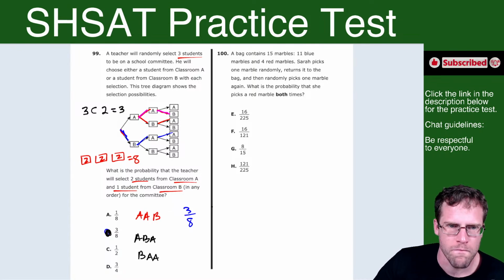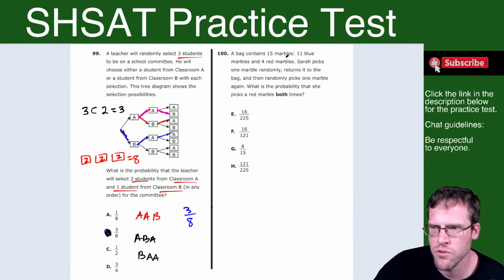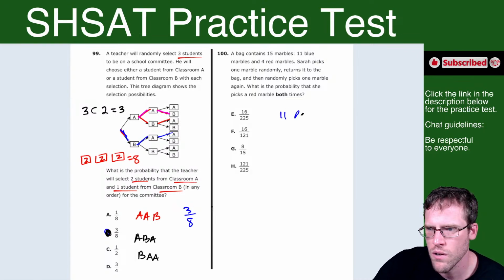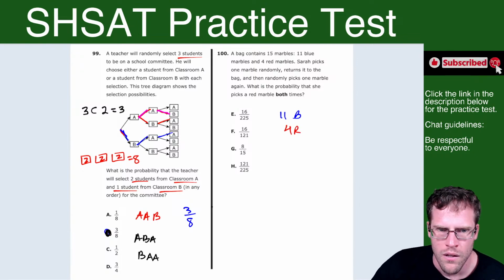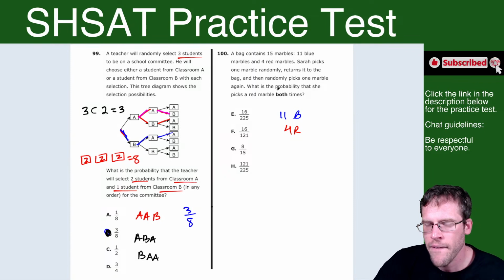Okay, so cool. A bag contains 15 marbles, 11 blue, 4 red. So we have 11 blue and 4 red. Sarah picks 1 marble randomly, returns it to the bag, and then randomly picks 1 marble again. What is the probability that she picks a red marble both times?